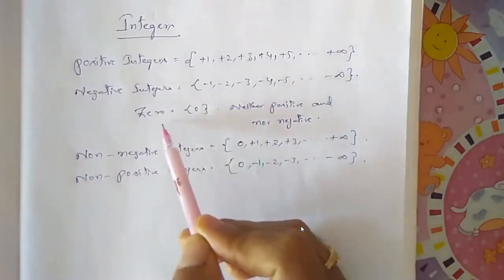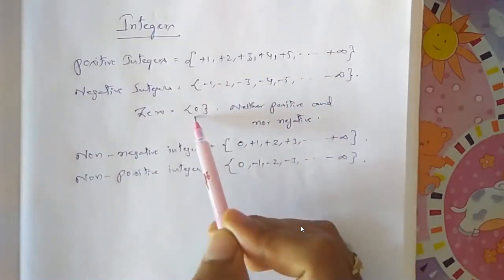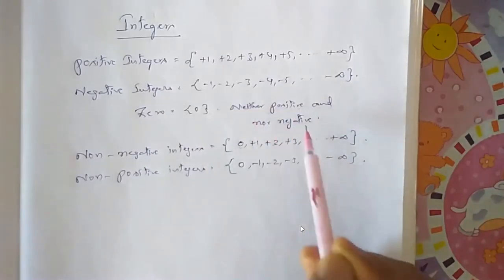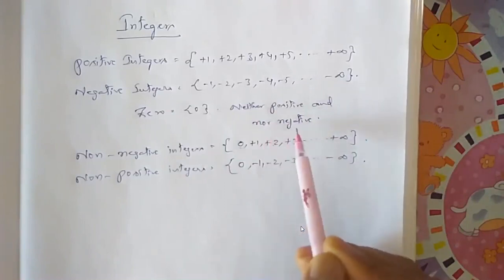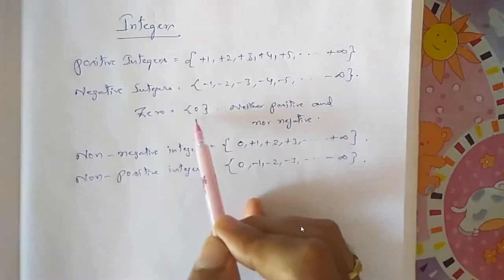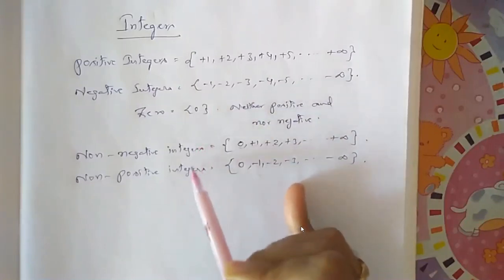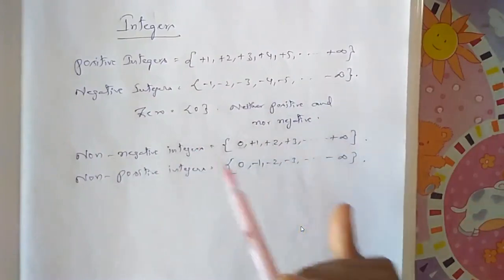Next is 0. Along with the positive integers and negative integers, one more number is also there in the integer which is called 0, but 0 is neither positive and nor negative. It is not a positive number and not a negative number. So it is a neutral number. Next we can define 2 more sets of integers which are non-negative integers. Non-negative integers, how can you define?